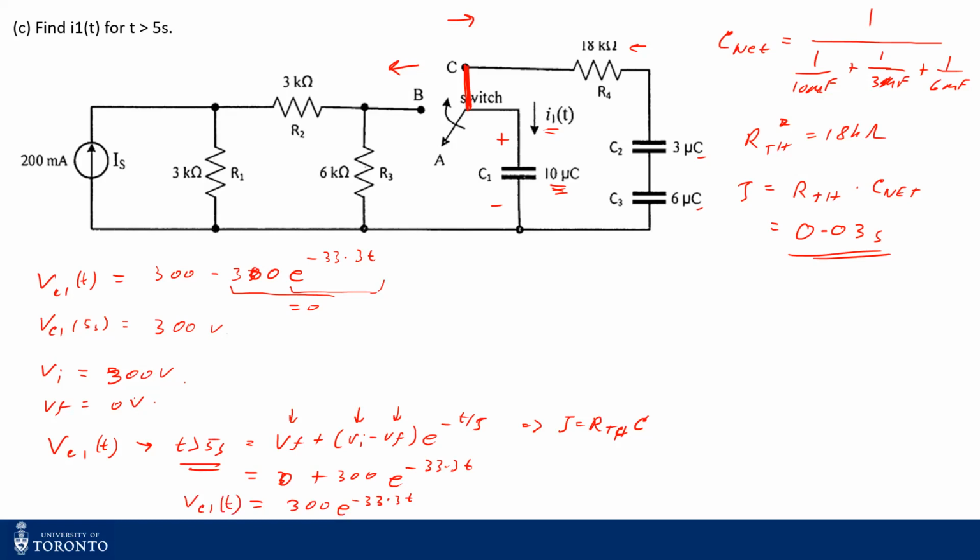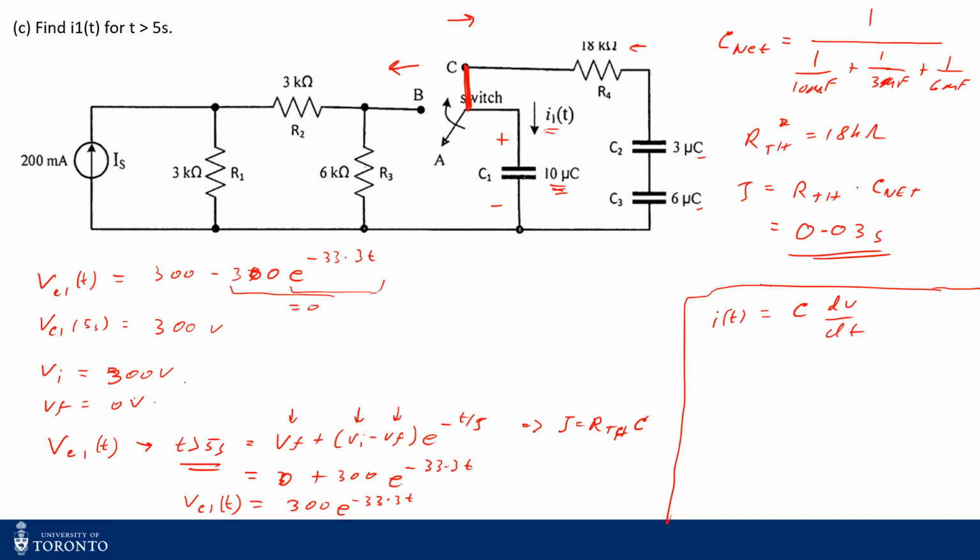Now you have to find I1(t), right? So now we know the voltage and current relation for the capacitor, which is basically i(t) is C dV/dt, right?